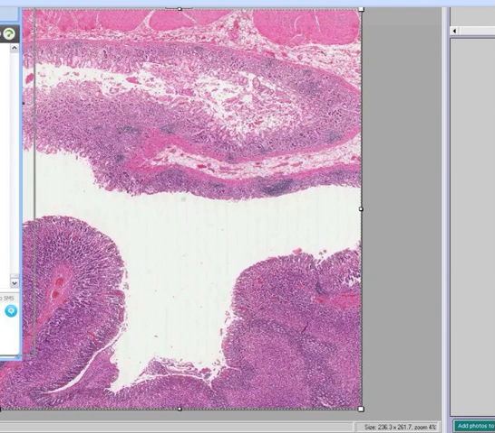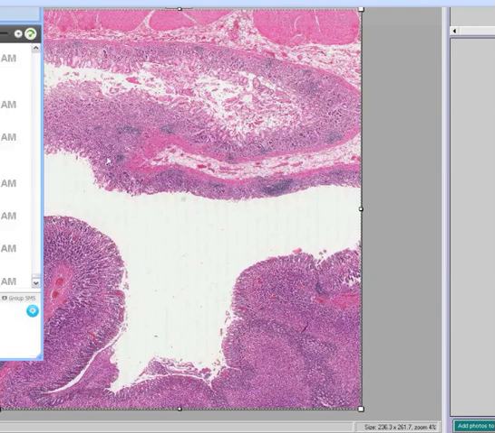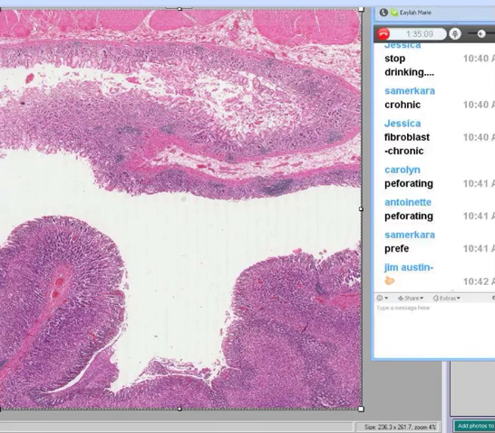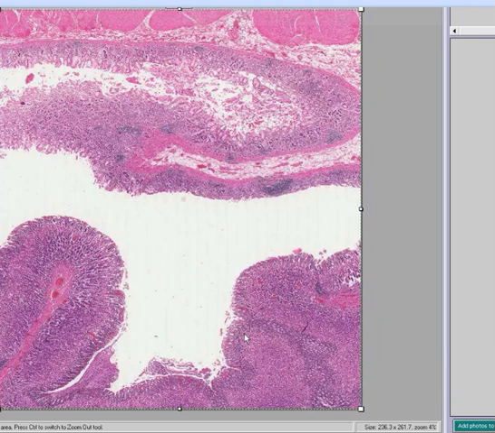So that means you know that this is either stomach or large bowel. And even an experienced pathologist could very easily on a bad day call this a large bowel.